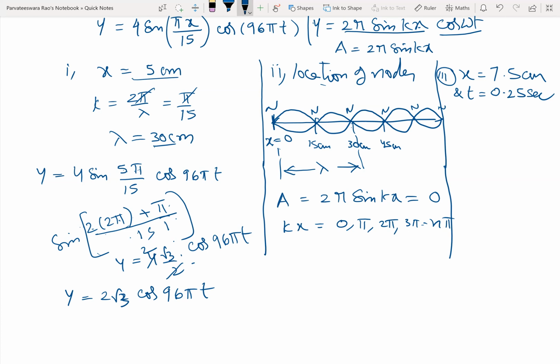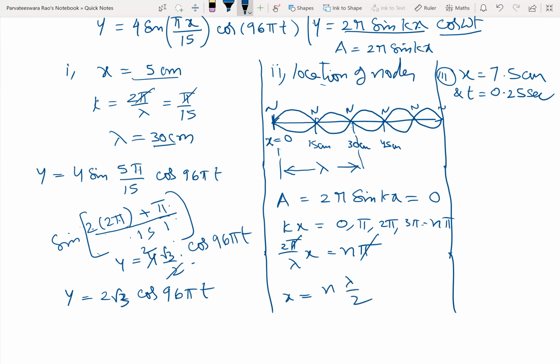Yes or no? Yes, sir. k is equal to 2 pi by lambda into x is equal to n pi. Or if you want to locate the point where the nodes are formed, then you can use it. Pi can be cancelled. Therefore, it is n into lambda by 2.